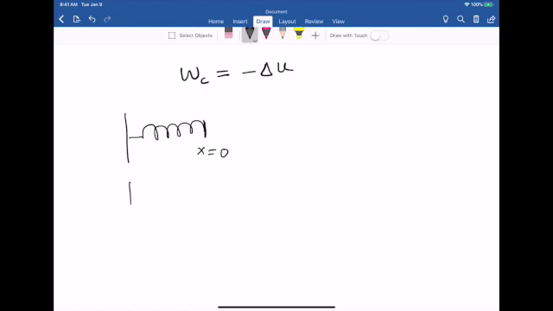And suppose I stretch the spring out to some final x, and I'm going to call this x, and this was where x equals 0 was. And I want to see what is the change of potential energy of the spring, right? So this is sometimes called spring potential energy.